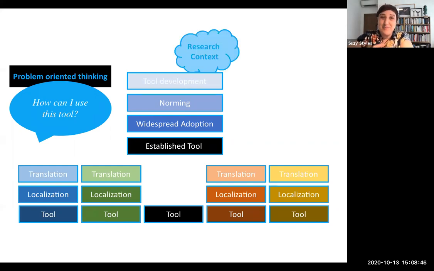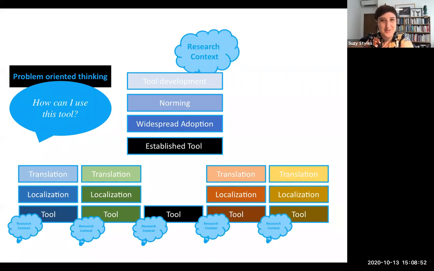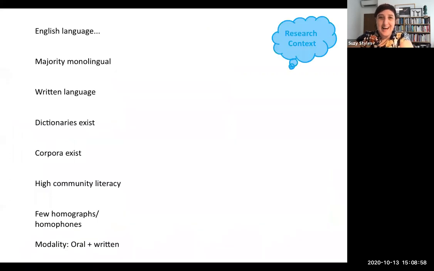However, because there was a research context present during the design phase, there are elements of that research process context that are still evident in the resulting tools. And the context in question is the English language. And there are a bunch of assumptions that go along with an English language research environment.